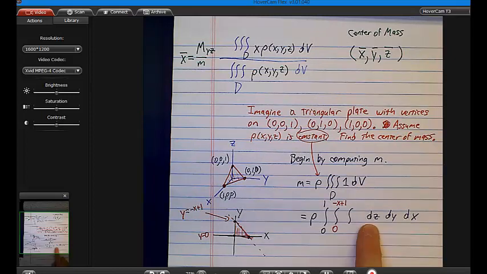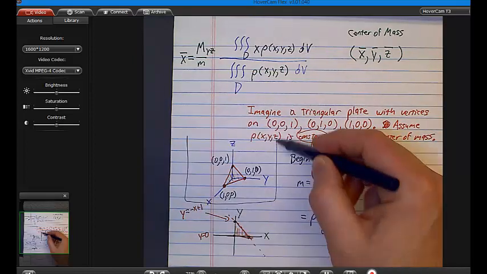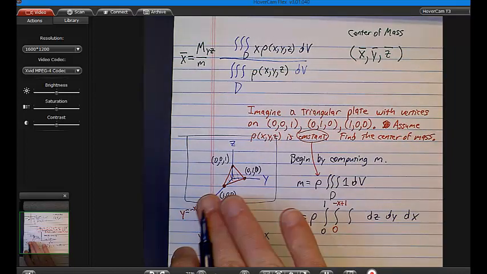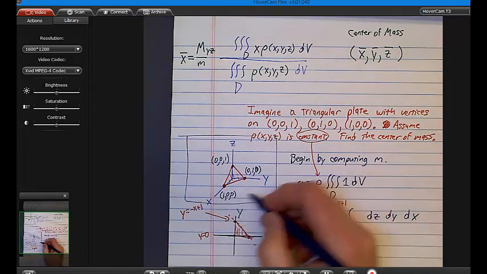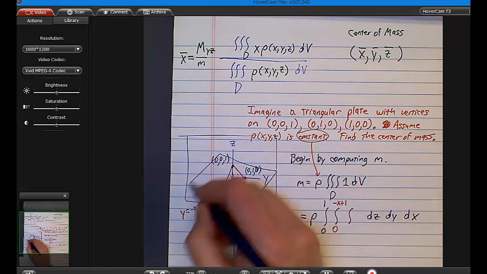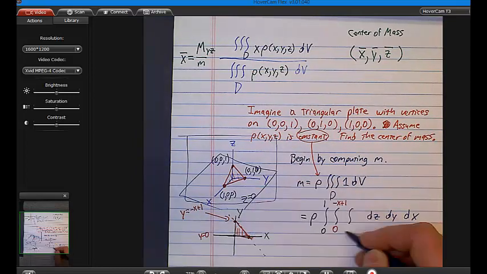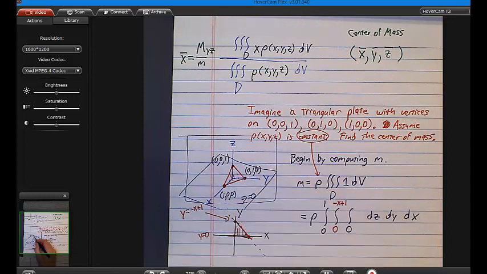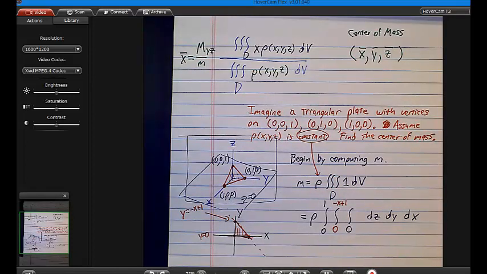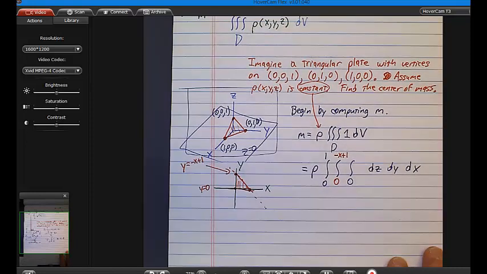Okay, now how about dz? Well, same game, I guess. Looking at the three-dimensional picture, we want surfaces. The lower one is the xy plane, which is given by z equals 0. The upper one is this plane. Now I need the equation of that plane. How do I get the equation of that plane? Well, maybe we could use a little help here.